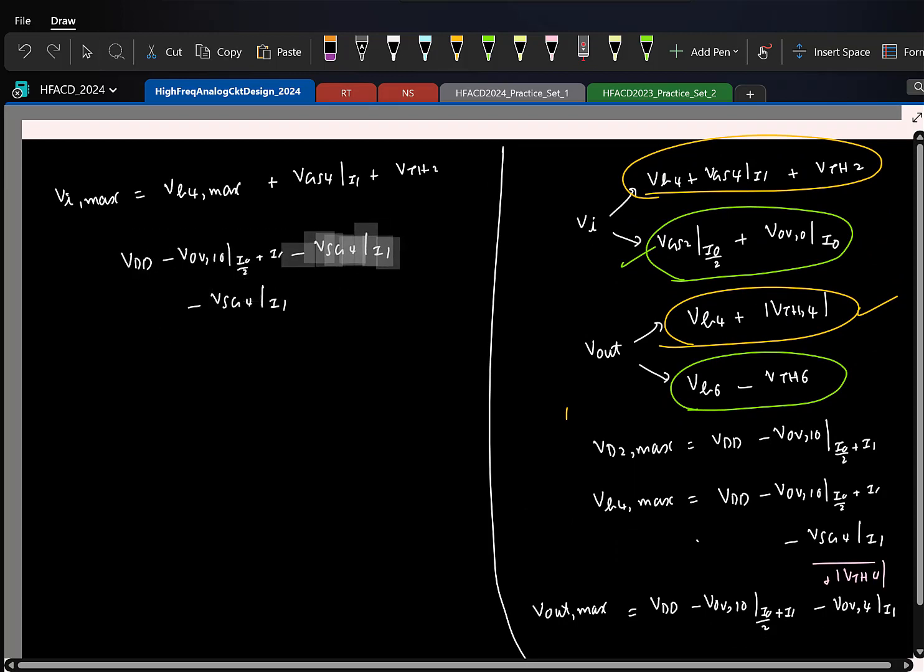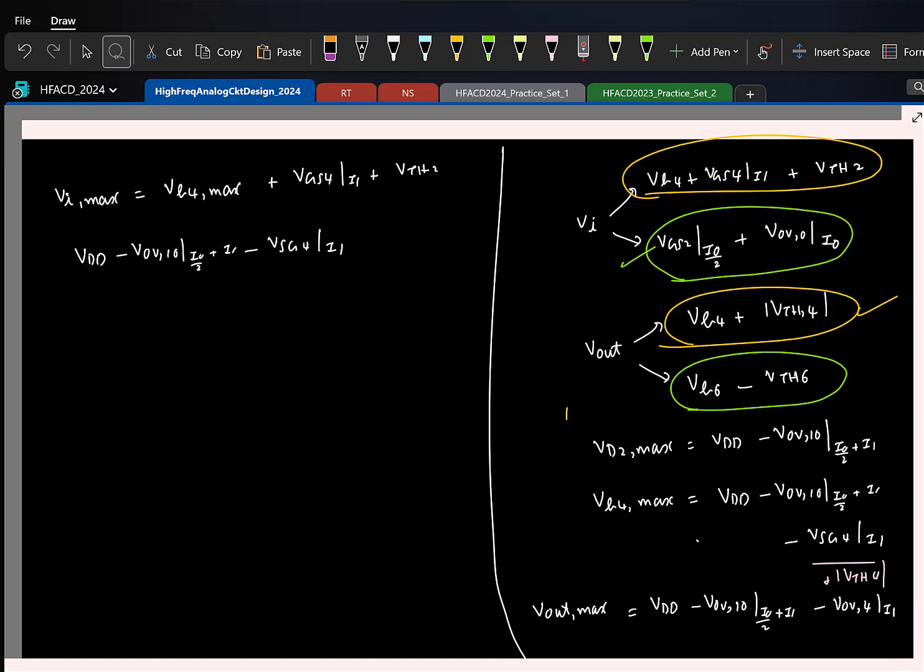So this is VB4 max. So in addition, I have VSG4 at a current I1 plus VTH2. Sorry, oh, sorry, VSG4. It gets cancelled. It's all VSG4. I made a mistake.